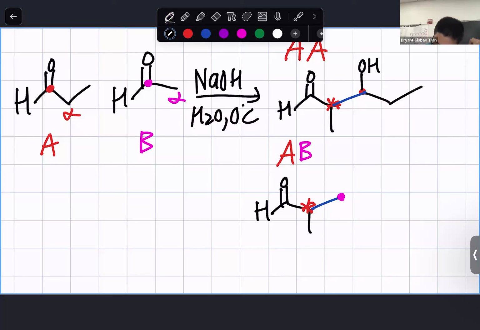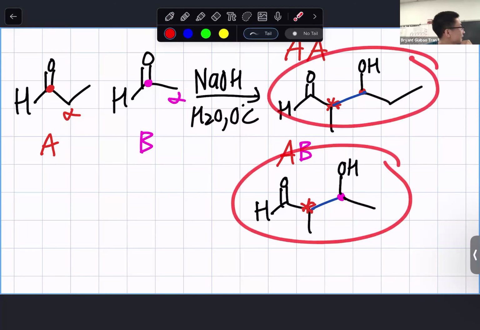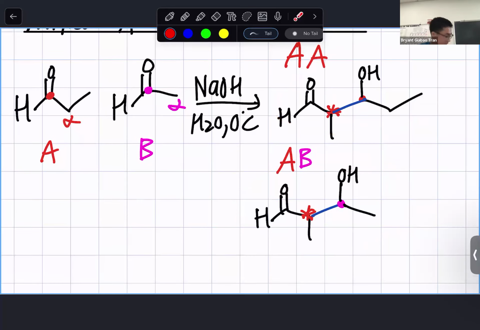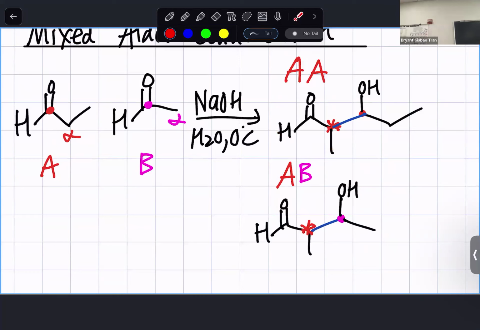Yep, an alcohol, which comes from this carbonyl oxygen, and a methyl group here. That's the difference between this product and this product. We don't have to draw that hydrogen because it's invisible. If I use B as my electrophile, that's attached to a methyl, which is this methyl. If I use A as my electrophile, that's the A electrophile with its ethyl group. So that's the difference between them.